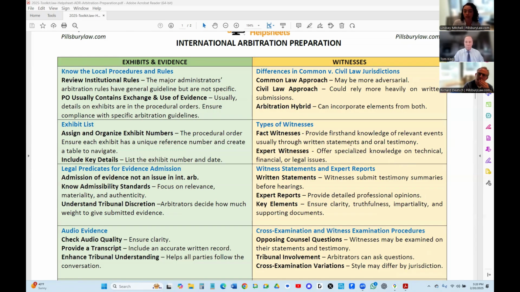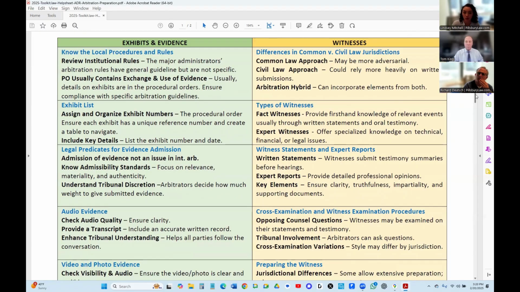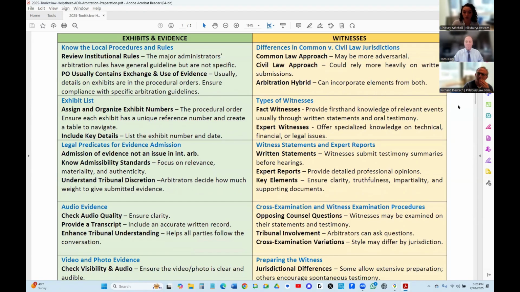So for example, in jurisdictions with common law traditions like the United States, Canada, and the United Kingdom, witness testimony often plays a very central role in dispute resolution, like you would see in a court proceeding. Witnesses typically can be subject to direct and cross-examination. Often it could be a bit more adversarial in terms of how they are questioned and crossed. And oral testimony of witnesses often carries very significant weight.